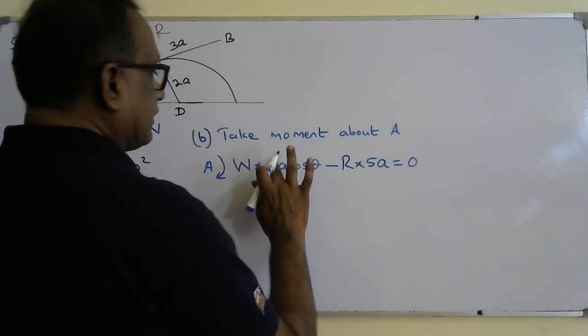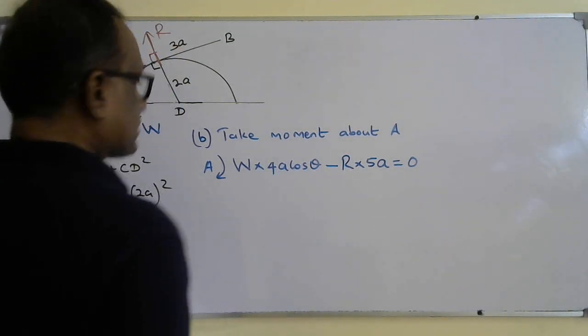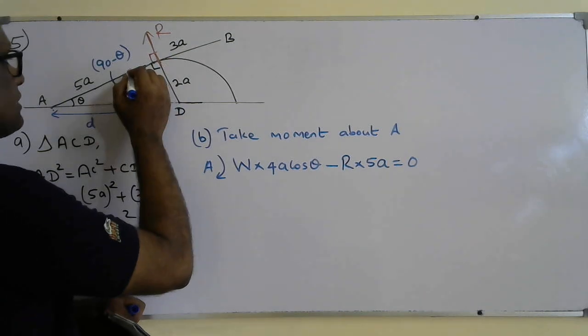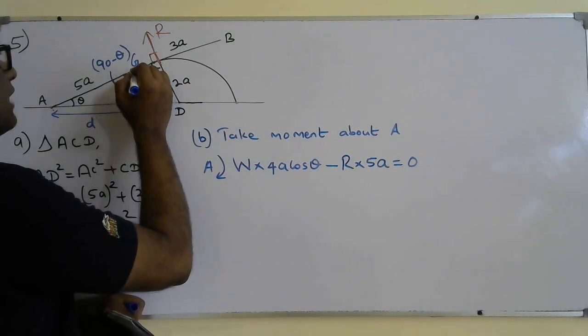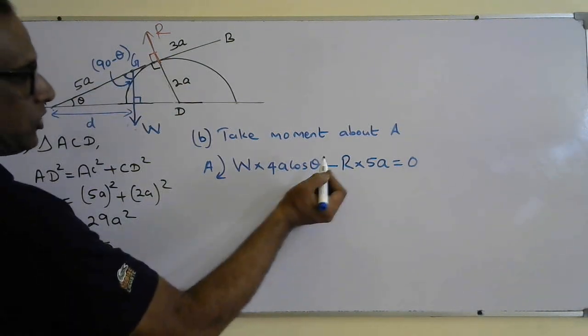Sorry, 4A cos theta, not 5A, the center of mass is at 4A cos theta. 5A is from here to here, the center of mass G of the rod is at 4A distance. So this is 4A cos theta.